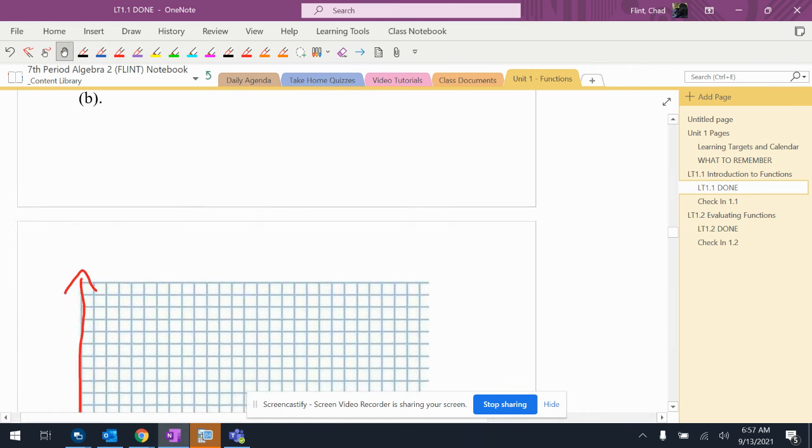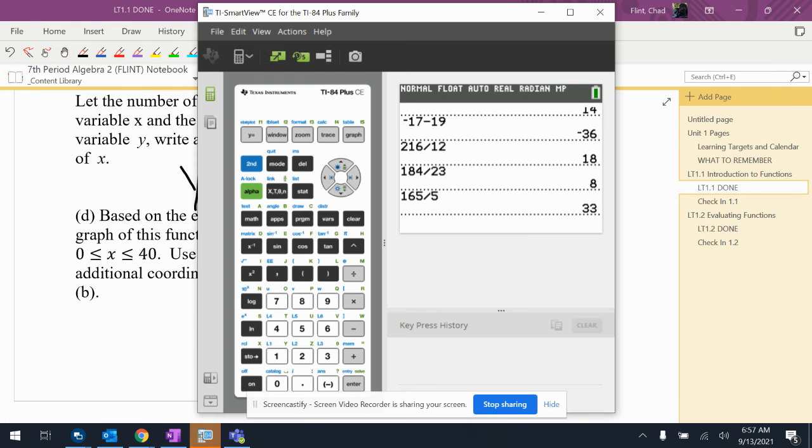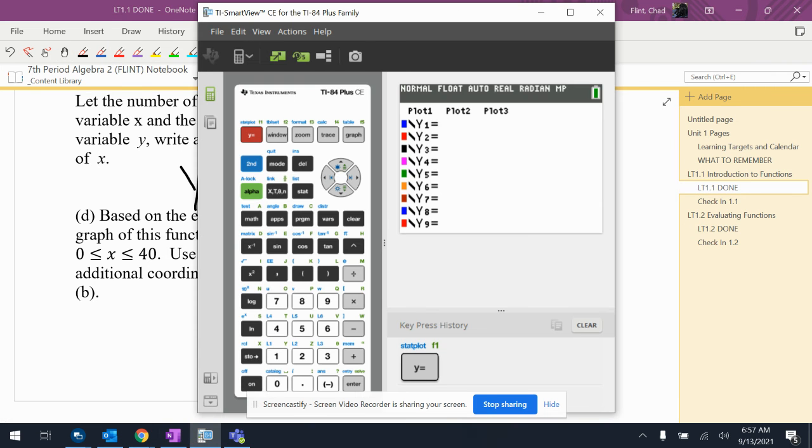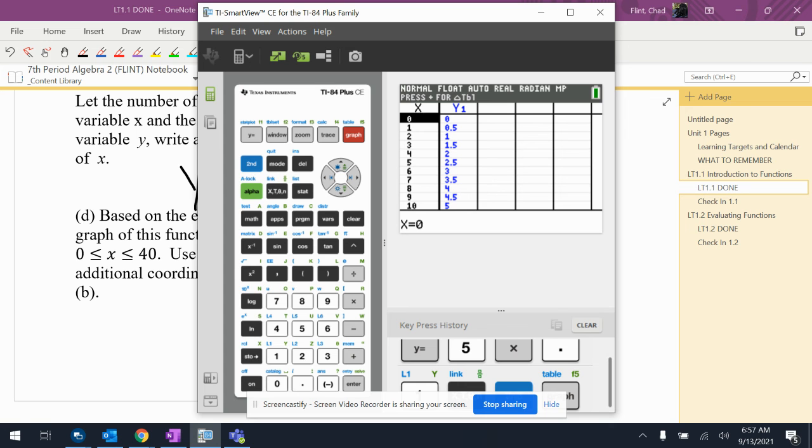Okay, so then it says use your table. So I'm going to bring my graph up here. I'm going to graph this. And it was 5 plus 0.1X, and then hit second graph to get my table. Now I'm not sure the best way to do this. I'm going by 5s. So I'm just going to scroll down.